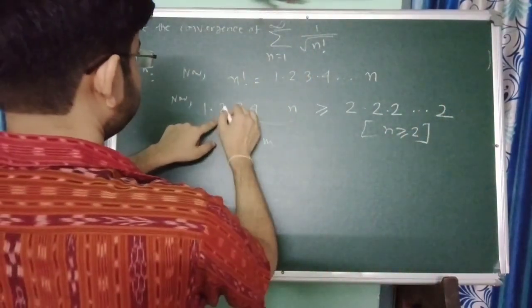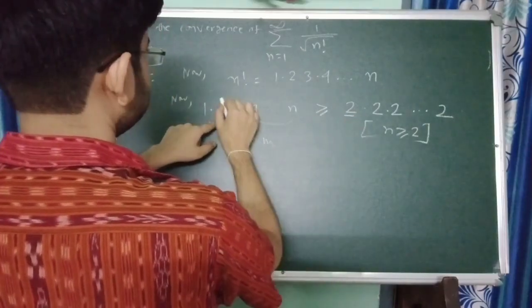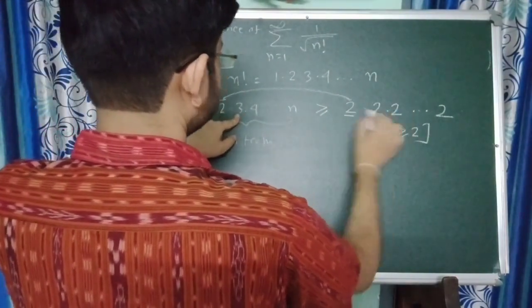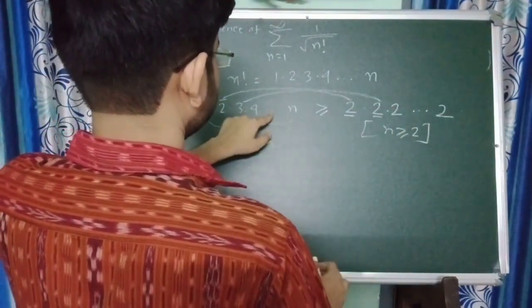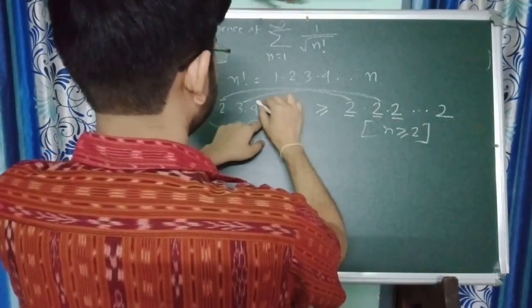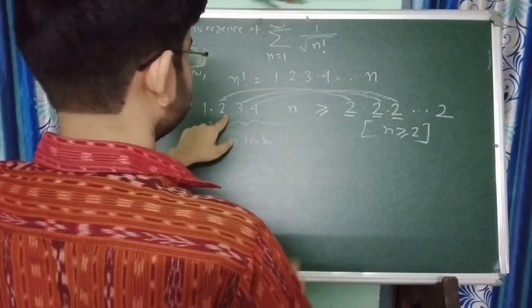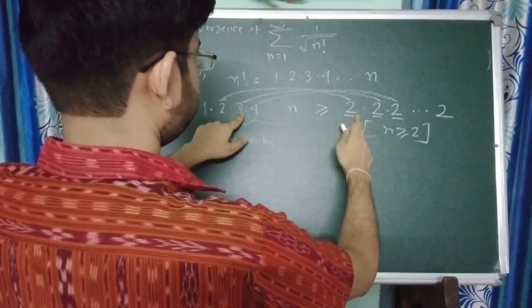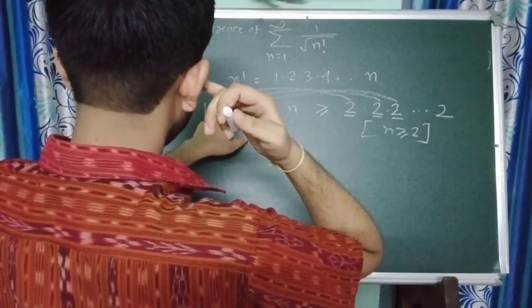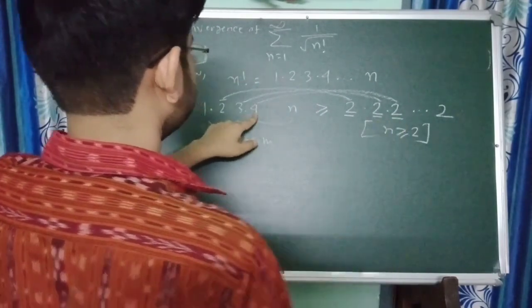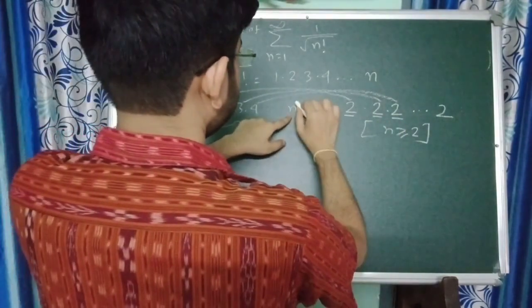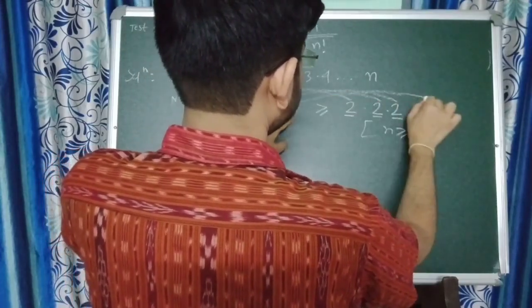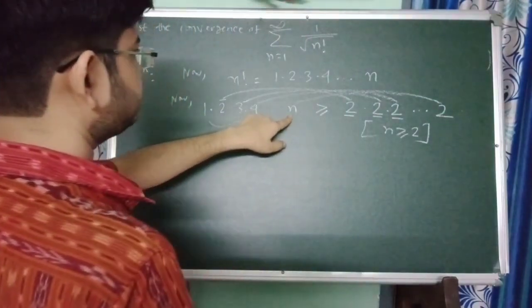So we place 2 for this 3, and 2 for this 4. In each case 2 is less than or equal to 2, 2 is less than or equal to 3, and 2 is also less than or equal to 4. In the same manner we replace n by 2, which is less than or equal to n.